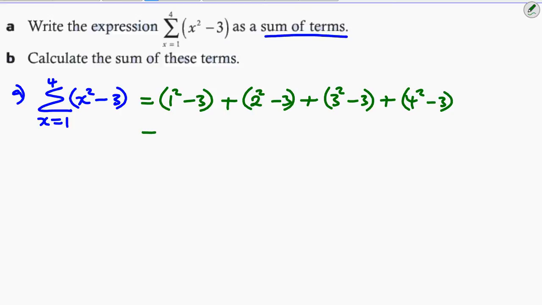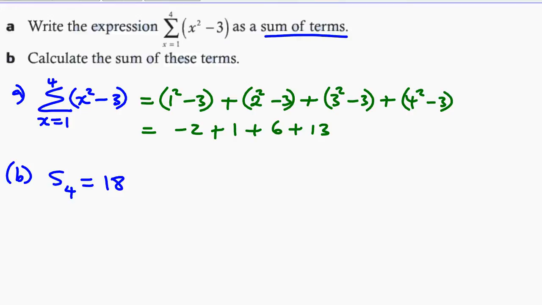And if we simplify that, we'll get minus 2 plus 1 plus 6 plus 13. So that is our series. And then in part B of the question, they're asking us to calculate the sum of these terms, and there are 4 terms. So sum of the 4 terms, we just add them up and get whatever we get. So in this case, it will be 18.